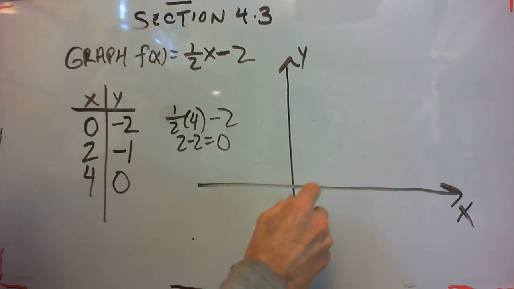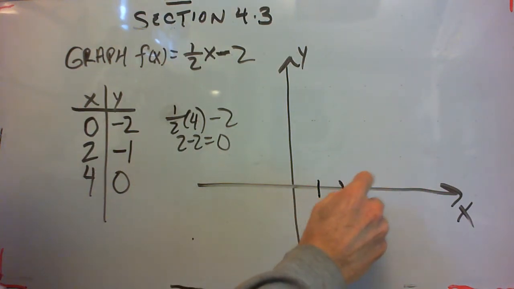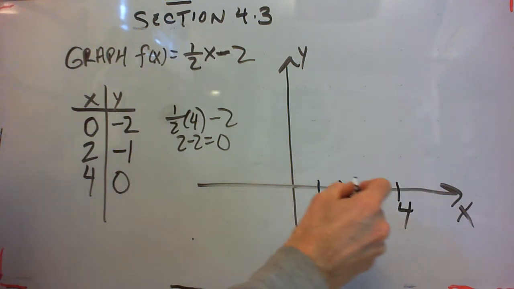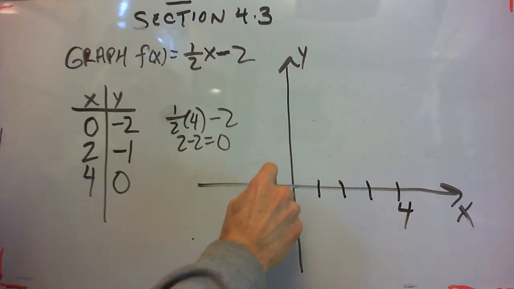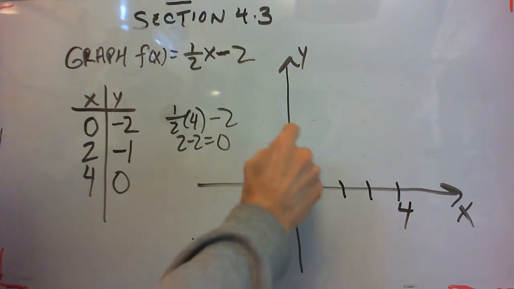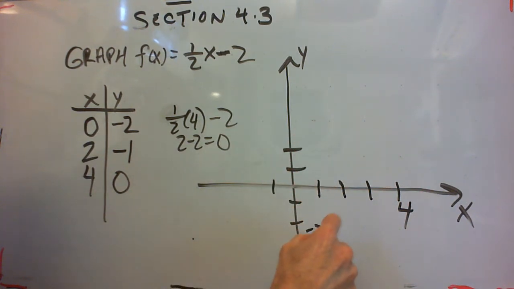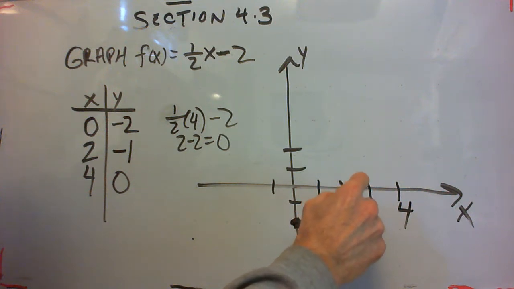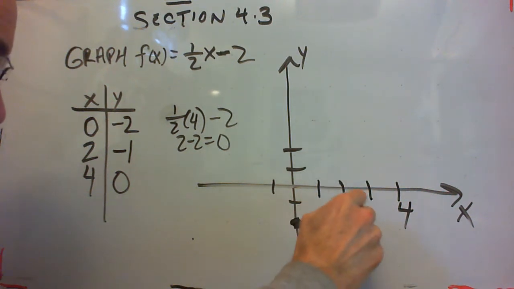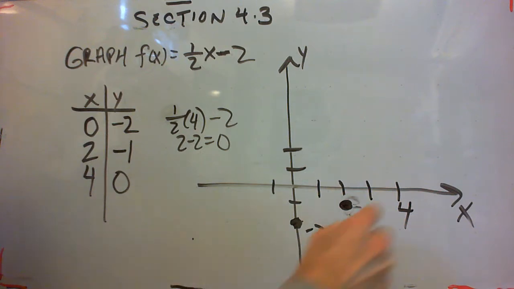So now I plot these points. Okay, my x's go up to 4. My y's go down to negative 2. 0, negative 2, x equal 2, negative 1, and 4, 0.